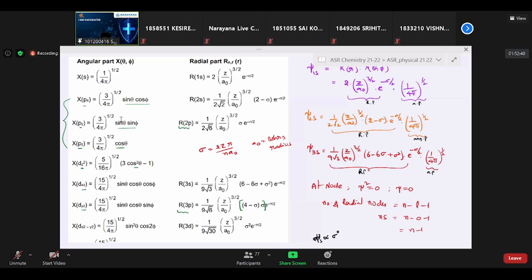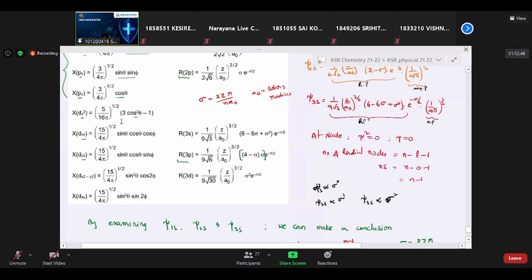Only cos theta, pz. Cos square theta, dz square. That is the simple way of identifying the orbitals.